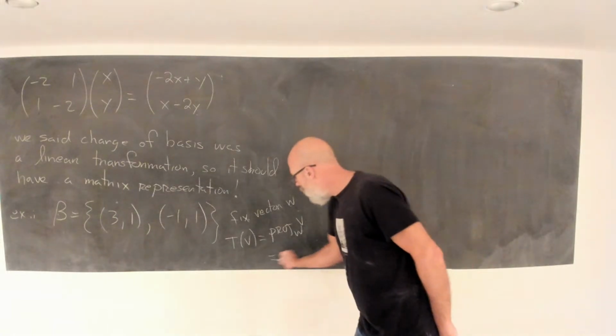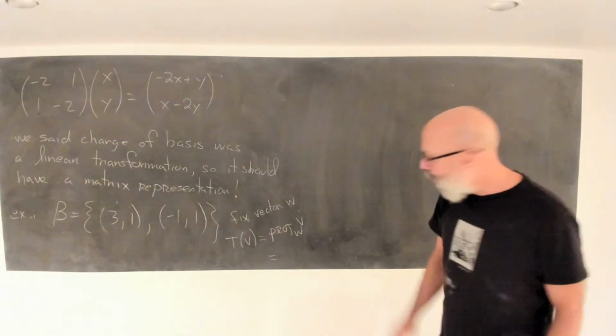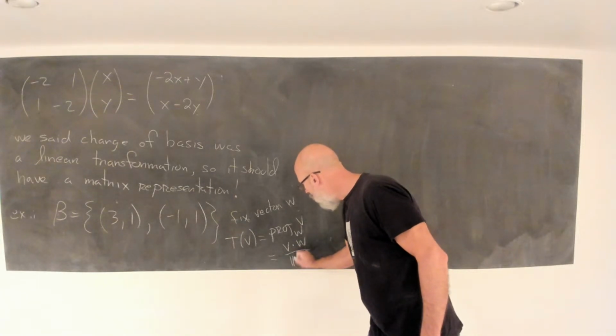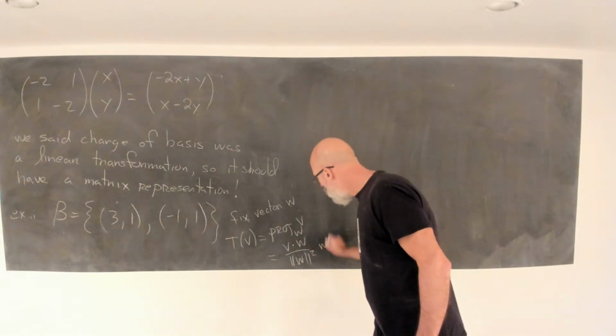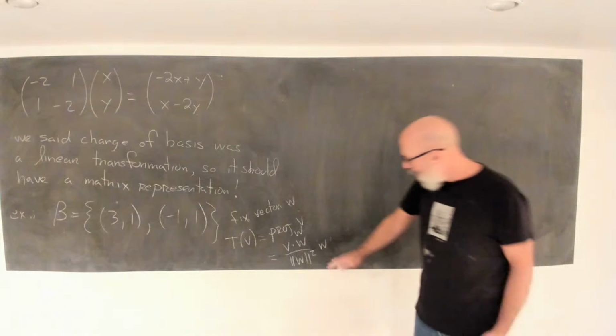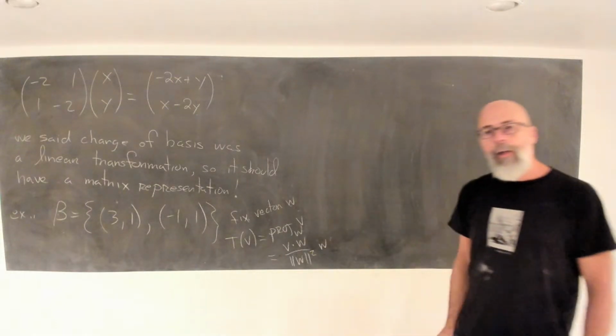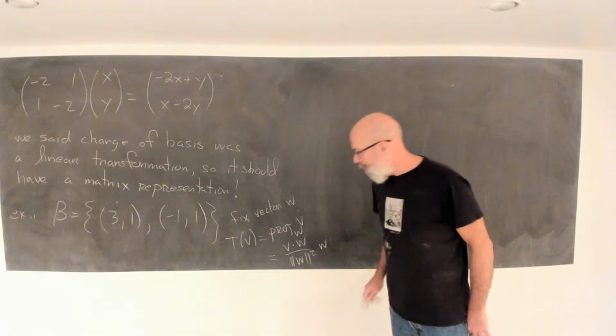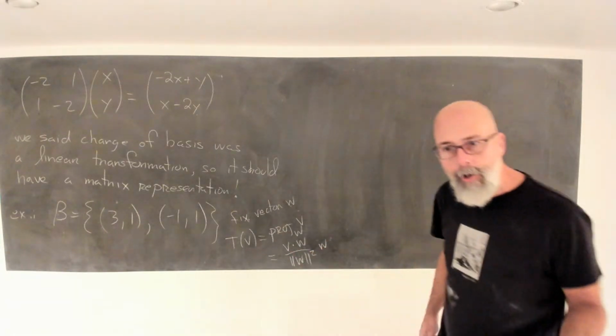If you wanted to do a bit more, you know that this is v dot w over the length of w squared, times w. So now here's another way to rewrite your linear transformation, and then you can show that it's linear.